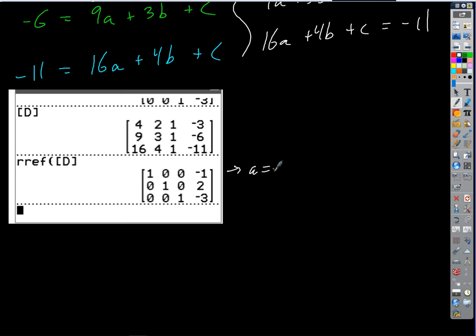So A equals -1, B is 2, C is -3, good. So our answer then just ends up looking like f of x equals -x squared plus 2x minus 3.